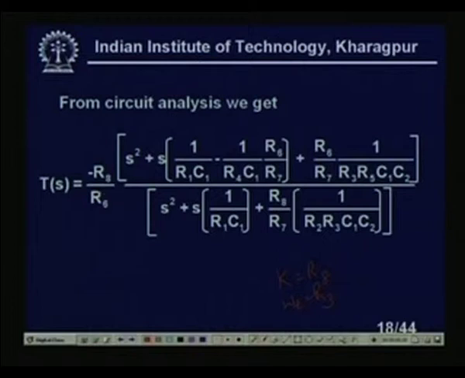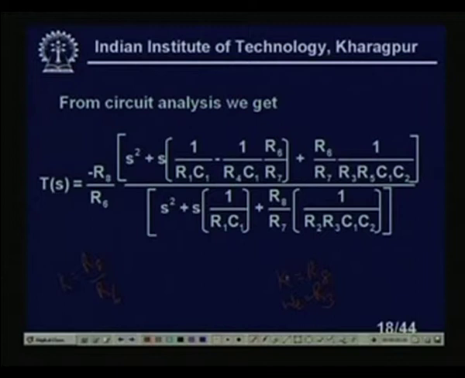K changes with R8. I am getting the proper value of K by tuning R8. This is because K is equal to R8 by R6, is it not? So, I am tuning R8 to get the proper value of K, but you look at that R8 is also present in the expression of omega p. So, omega p will change, right. It does not matter, let it change. I will bring it back to its desired value by using some other elements.